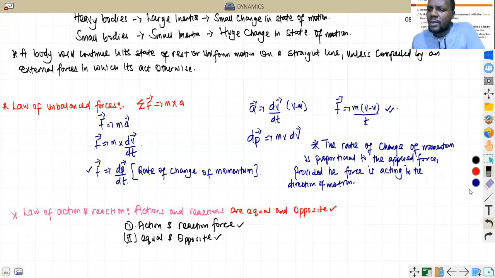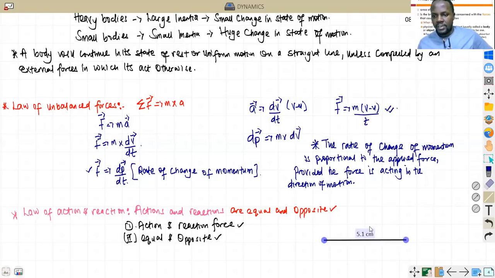So to understand this very well, let me give you a quick illustration. There is a ground, and there is a block of mass M on the ground, which is to be pushed by somebody here.